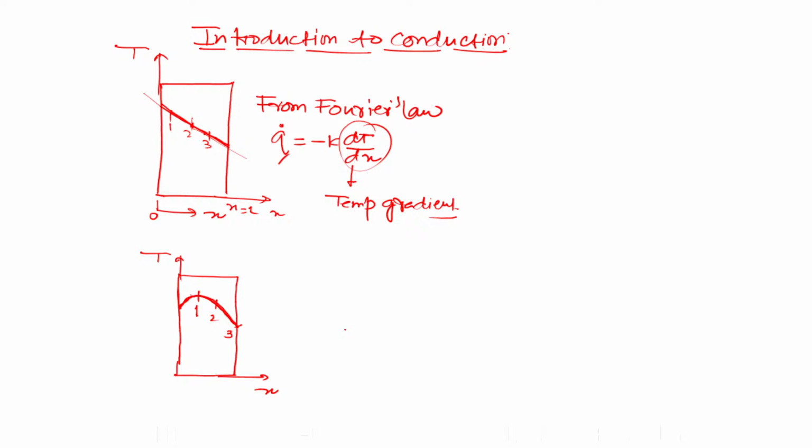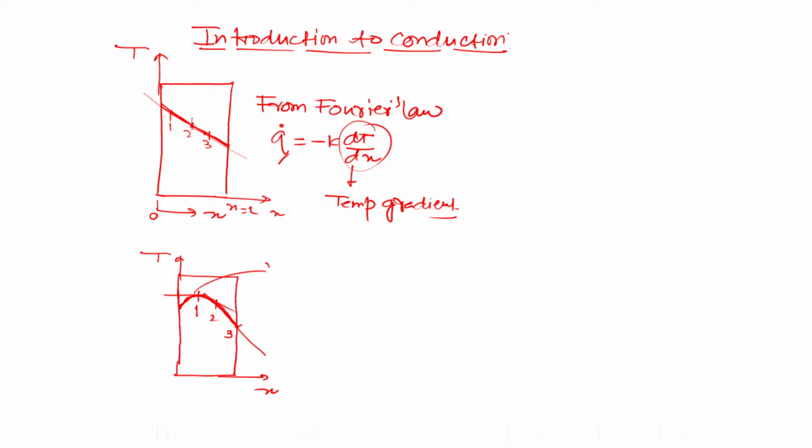Because Fourier's law can be used to find out the flux by knowing the temperature distribution. Since here, if you draw tangent, you will get different tangents. The slope is changing here. If you draw tangent at 3 points, here and here, at all 3 points you have seen the slope is different.